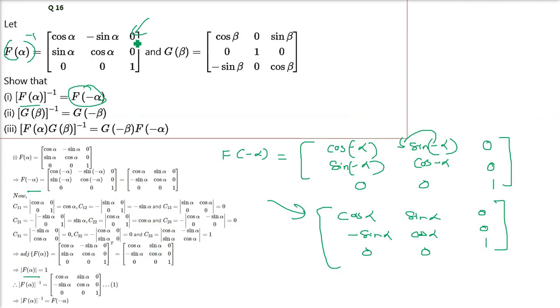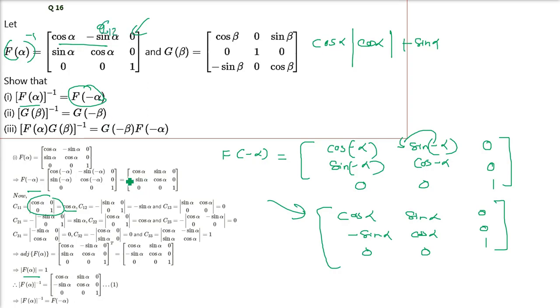Once you find out the determinant, if you want, I can find out the determinant also. Let us see. You can open it using the third row or the third column. I am going to open it using the first row. So cos alpha, and since we already have the cofactor, you can directly replace it. It is going to be cos alpha times the inside, that is cos alpha, 0, 0, 1, that is going to be cos alpha. And then we have minus already, so this is C12.